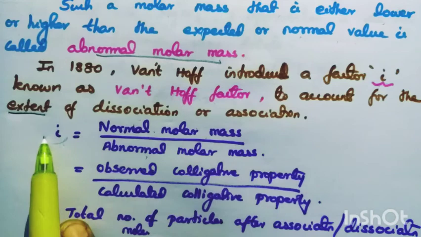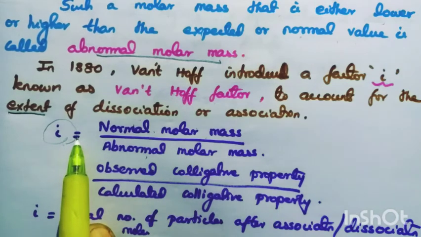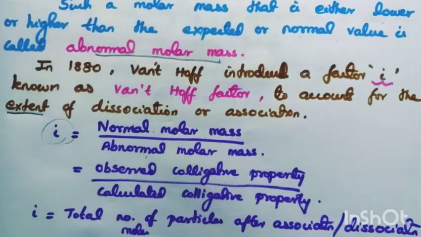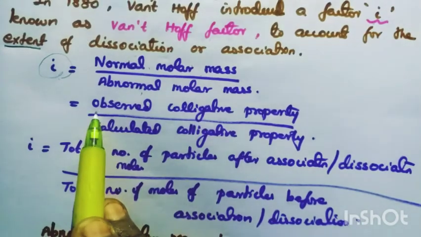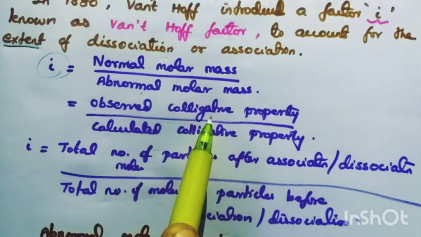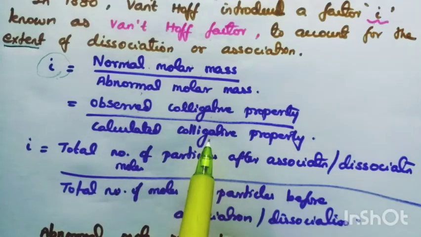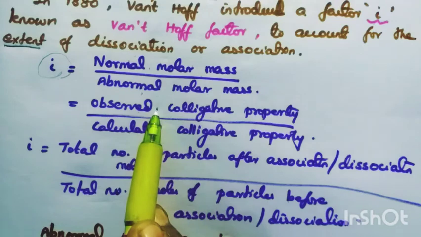From this, i shows the extent of dissociation or association. Or we can write this as observed colligative property over calculated colligative property.